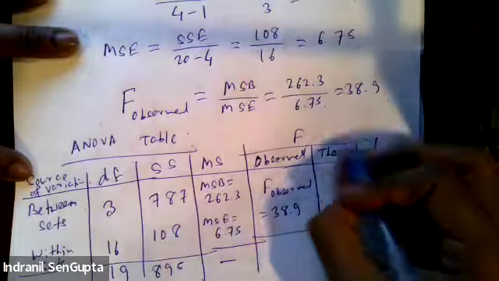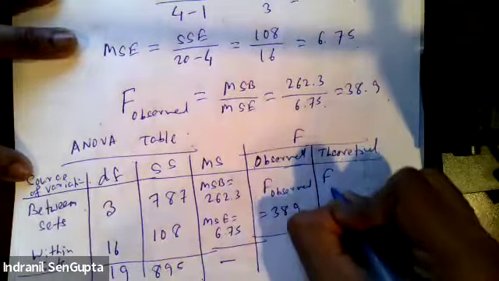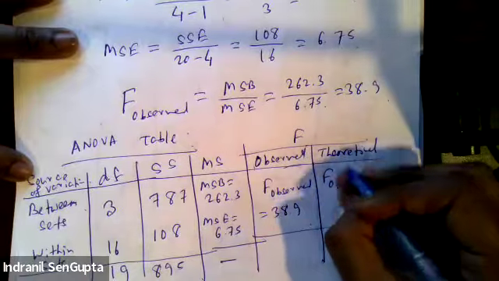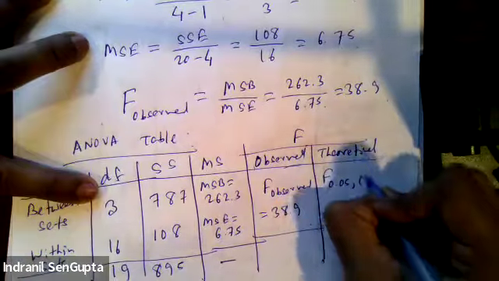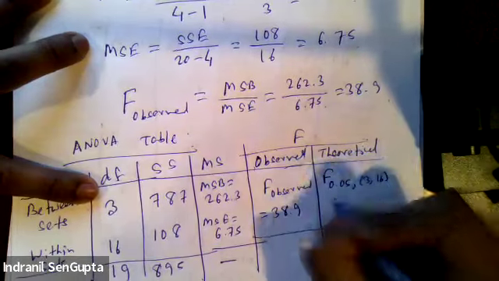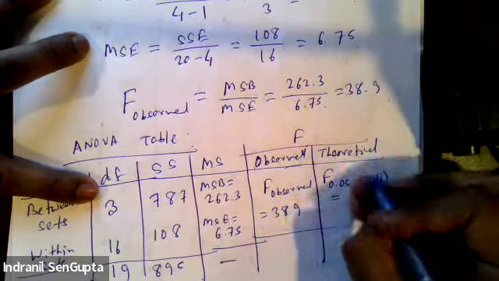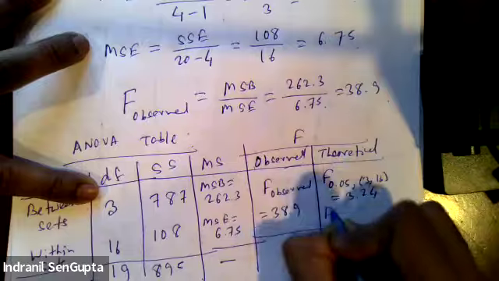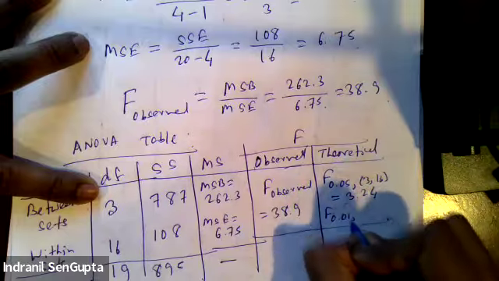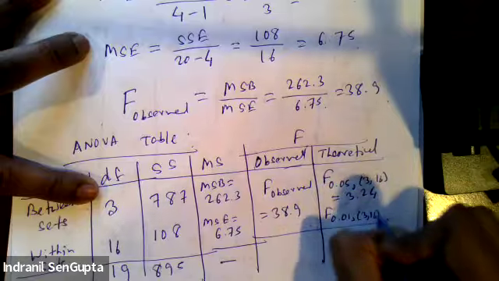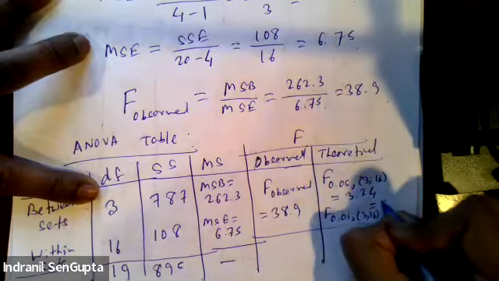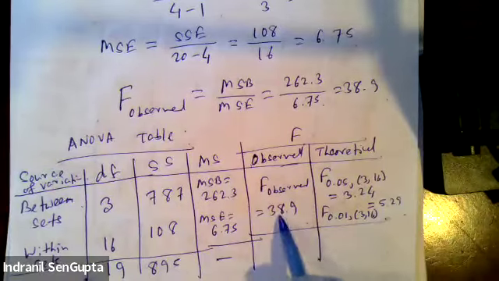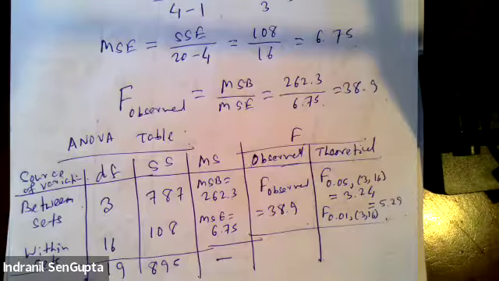And now with the help of an online table, we can find that F with 5% significance level and 3 and 16 degrees of freedom, this value is 3.24. And 1% significance level with 3 and 16 degrees of freedom, that's going to be 5.29. So now let's see. This number is way, way more than these two.